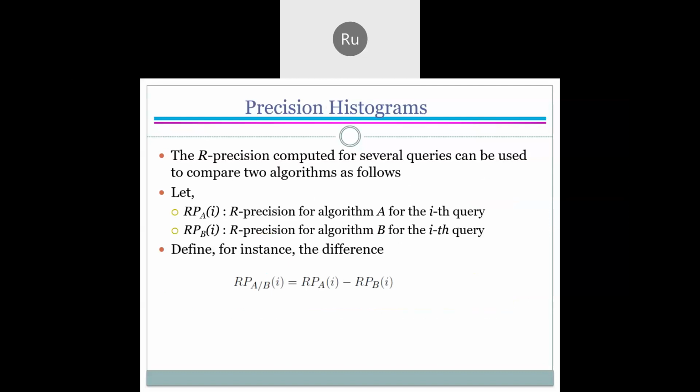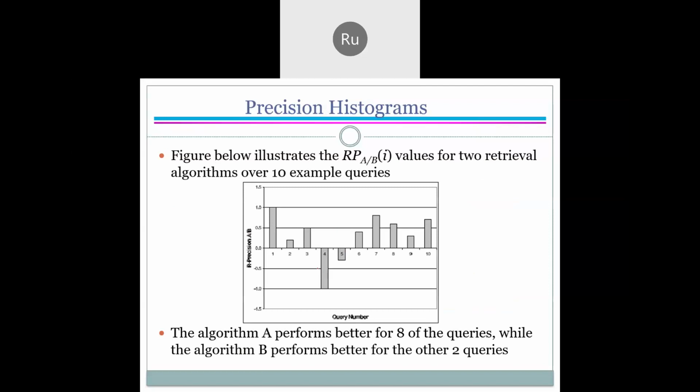So if we compare these two, this is for two algorithms. For queries number 1, 2, 3, 6, 7, 8, 9, 10, algorithm A is better than algorithm B. And for query number 4 and query number 5, algorithm B is better than algorithm A. This is how we use the R precision in order to compare two algorithms.